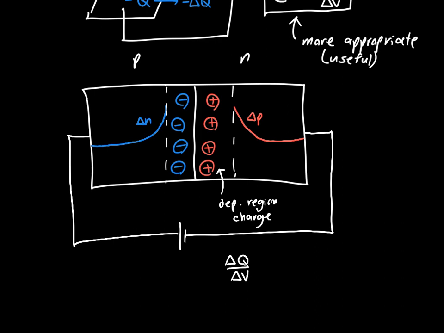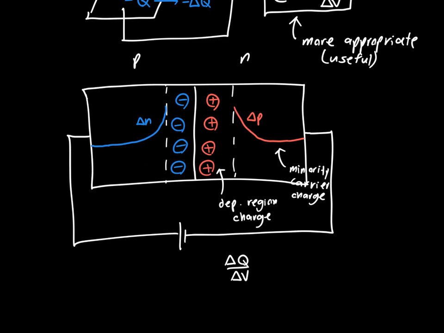And second is the charge from the minority carriers, or the diffusion charge, if you will, because this is a diffusion capacitance. That's the name that was given to it a while ago. And so in this video, we're not going to be focusing on the depletion region charge. We're going to leave that for another video. In this video, we're interested in the minority carrier charge.